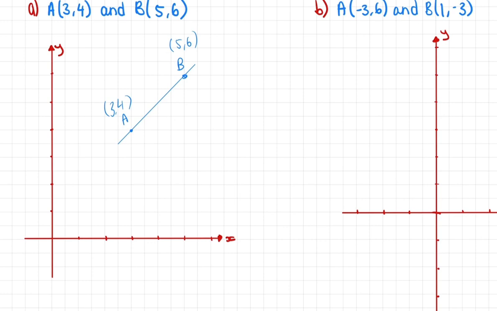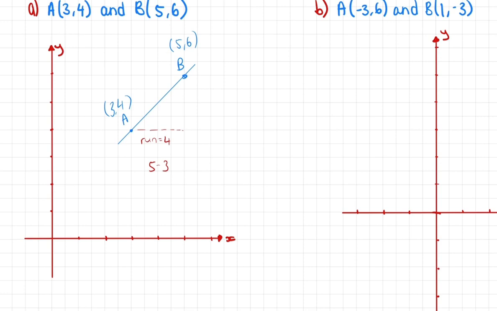Okay, so if we look at this, we've gone along here. So we've had a run of, so if you look, you go 1, 2, 3, 4, a run of 4. So if we double check that by going 5 take away 3.